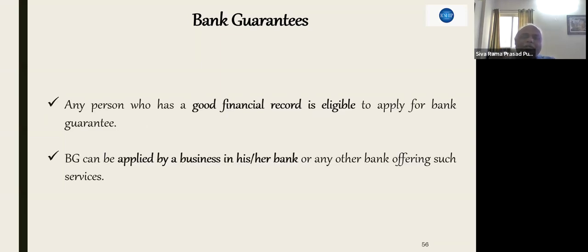Any person who has a good financial record is eligible to apply for the bank guarantee. Now, in CIRP, our company does not have a good financial record. But in this case, if new guarantees are required, and a COC is there, the financial criteria is with you only.